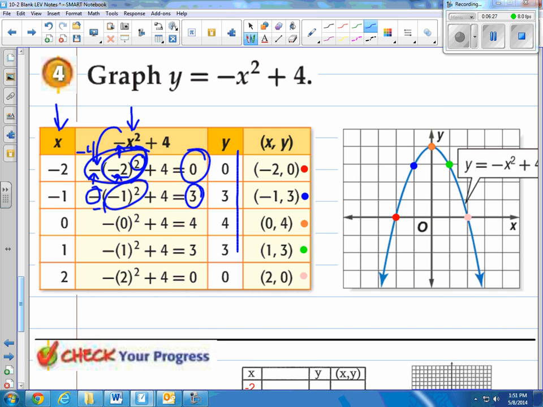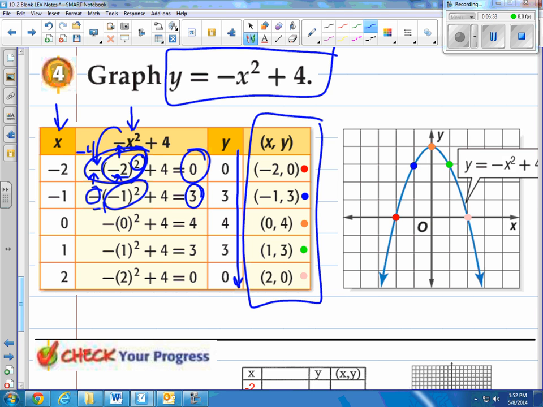Continue the pattern. And then, of course, write them as ordered pairs and graph. Notice the number in front of the x on this equation up here is actually, if we put our invisible 1 in there, it's negative 1. So it is going to open downwards. Also notice our plus 4. The parabola does cross at the y-intercept of 4.